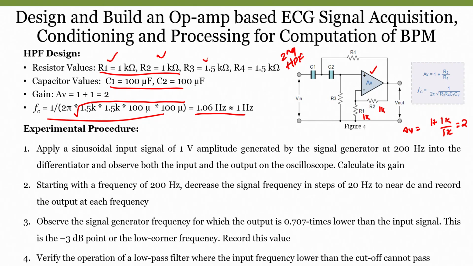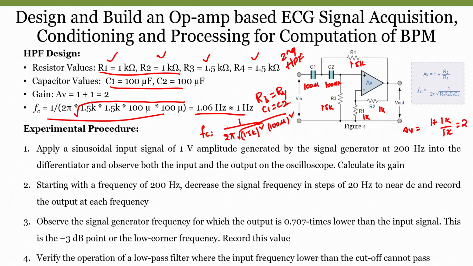Then we have chosen R3 and R4 as 1.5 k each. And what about C1 and C2? Both C1 and C2 we have used as 100 microfarad. So when I calculate, fc is 1 by 2 pi into root of 1.5 k square into 100 micro square, because R3 is equal to R4 and C1 is equal to C2.